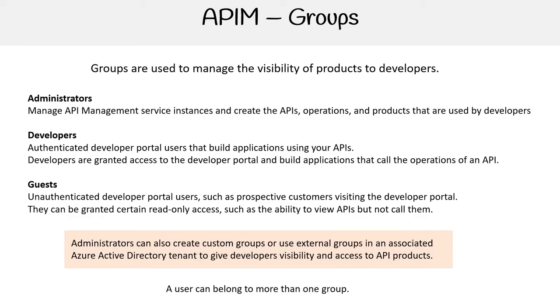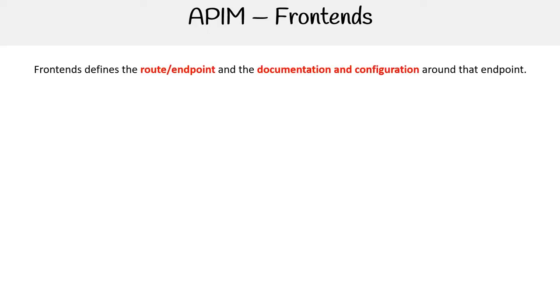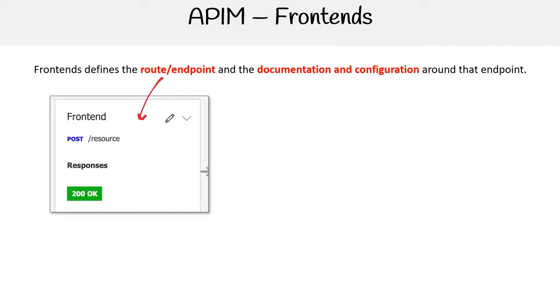So there you go. All right, let's take a look here at frontends and backends, starting with frontends. Frontends define the route or endpoint and the documentation configuration around that endpoint. The idea here is we have a frontend and we have a single method here, which is POST /resource.